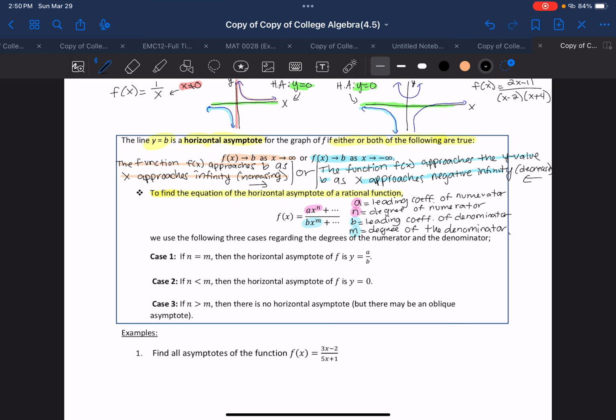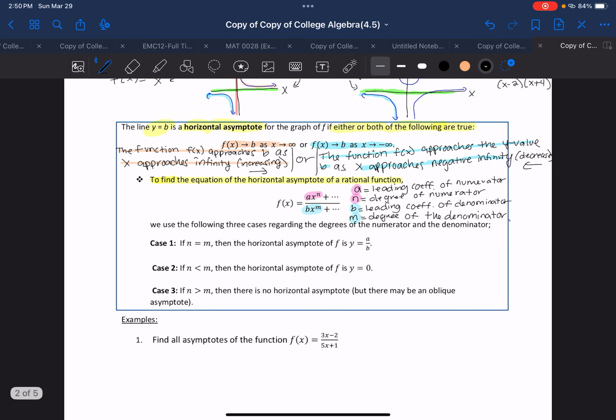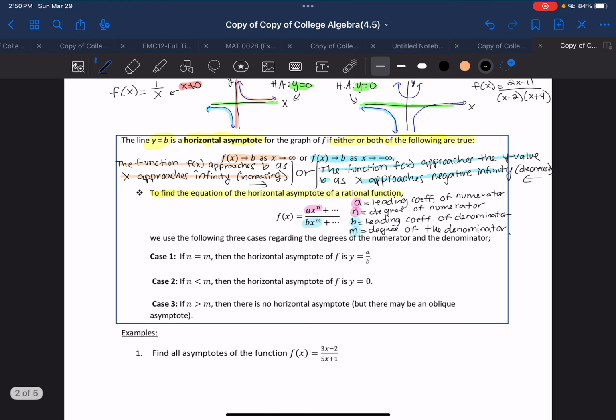So that's what that notation means, okay? And I have it written like this because I'm going to use it for these three possible cases down here.